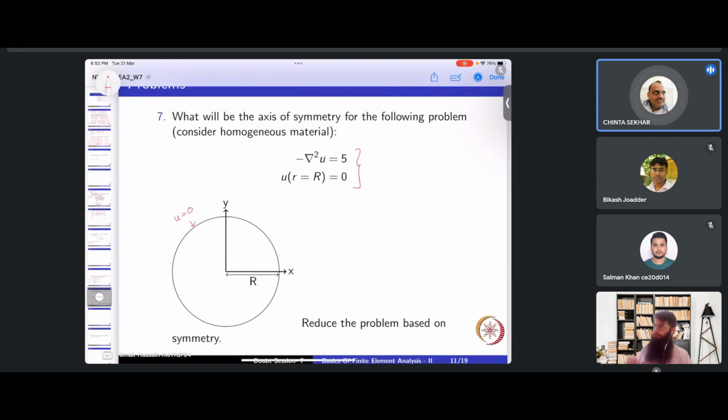You're saying that we have symmetry about the x-axis and the y-axis, right?